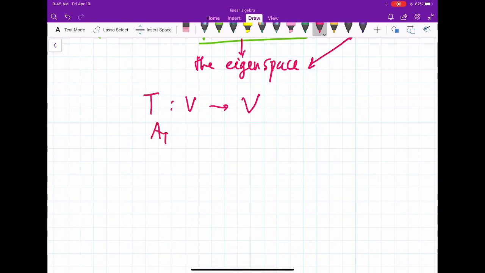Then all eigenvalues of A_T are said to be eigenvalues of T. All eigenvectors of A_T are said to be eigenvectors of T, right? And of course, eigenspace also. So it is okay to talk about eigenvalues, eigenvectors, and eigenspace for a linear transformation, okay?